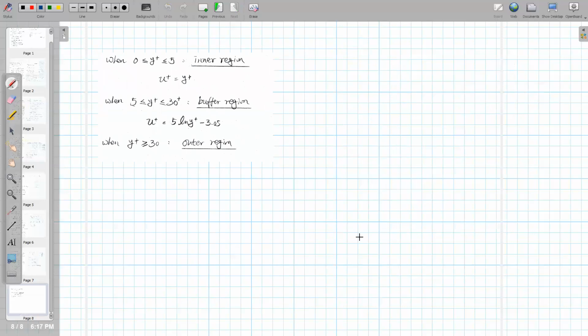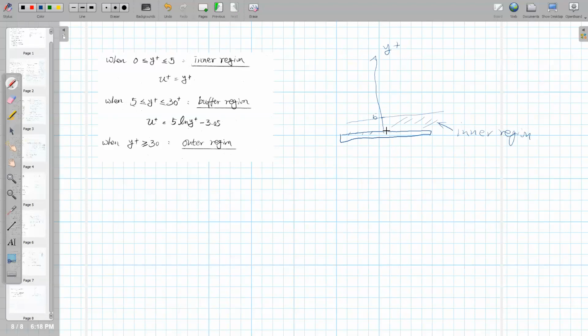Based on the theory, if you have a wall here and the y-axis is y plus, people usually say that when y plus is between 0 and 5, we call this the inner region, or sublayer, the same thing we called the sublayer before.